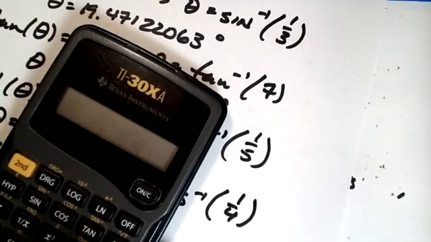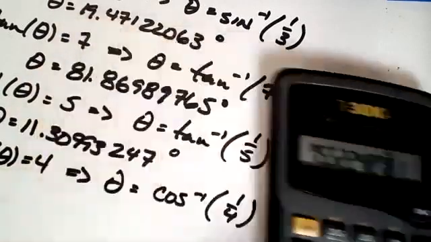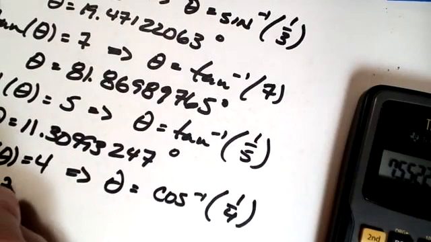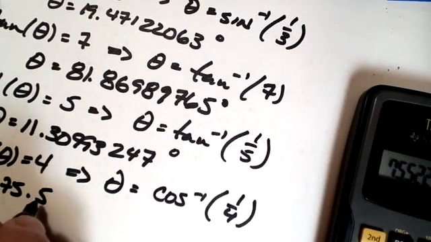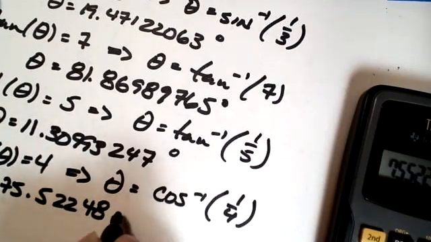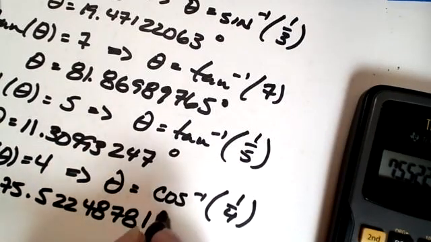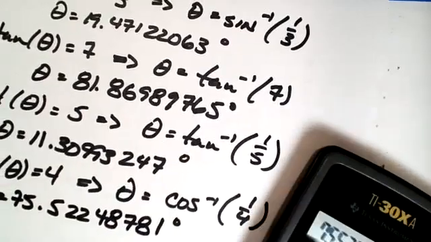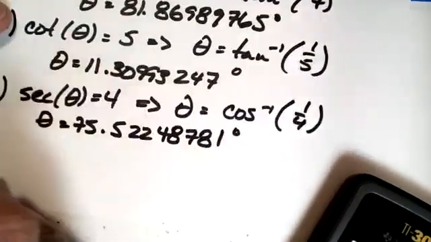And then we'll take the inverse cosine, and there's our degree measurement. So theta equal to 75.52248781 degrees.